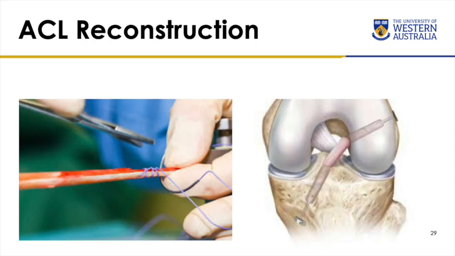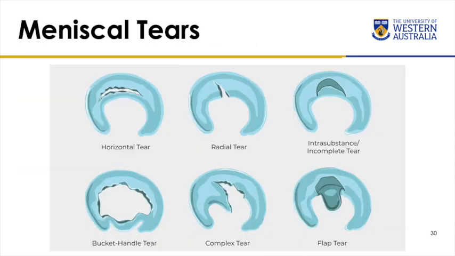It is a common orthopaedic procedure with a good success rate. The most common complication, however, is re-rupture of the ligament. This is reduced by diligent post-operative rehabilitation, as well as delaying return to sport until 9 to 12 months post-surgery.